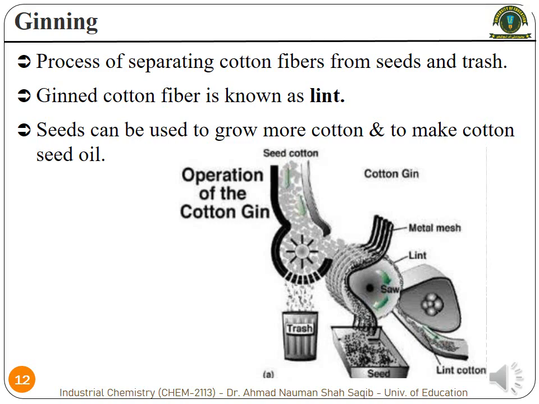And that process is elaborated in this machine, in which on the top we put the cotton including seed and waste material, and it is ginned in the machine, where the trash is removed in the first step. Then in the second step, seeds are removed from the cotton fibers, and then the pure cotton fiber, which is known as lint, is removed in the last step.